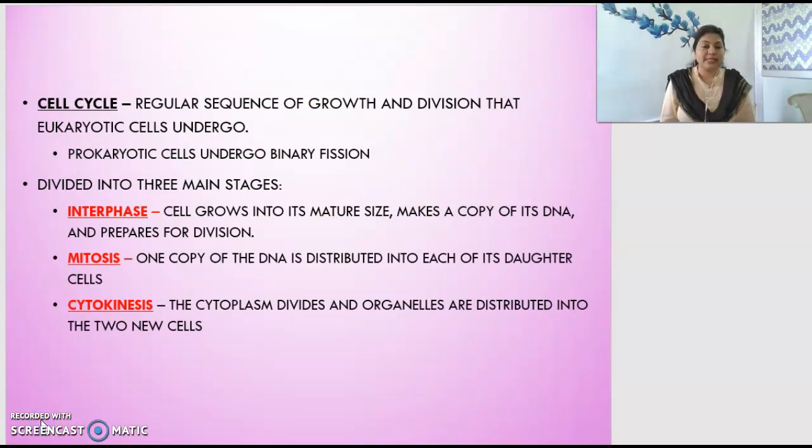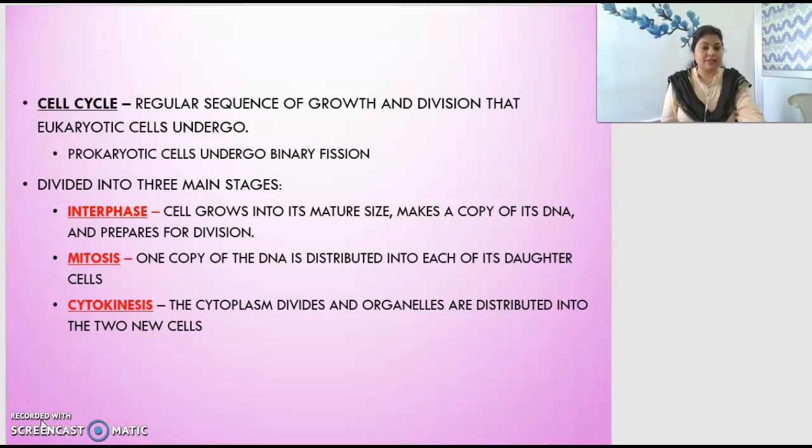So let's move to the cell cycle or cell division. Cell division is composed of the division and the cell cycle. Cell cycle is basically the regular sequence of growth and division that eukaryotic cells undergo, while prokaryotic cells undergo binary division. The cell cycle is divided into three main stages: interphase, mitosis, and cytokinesis.